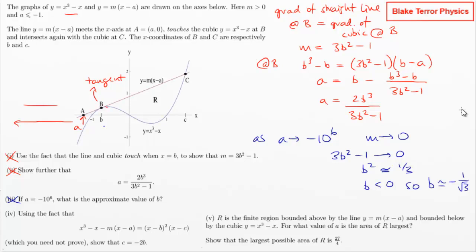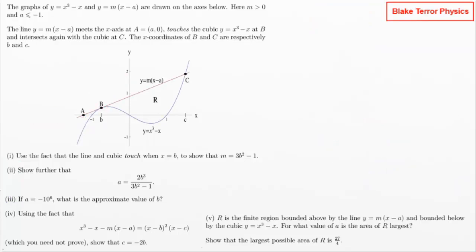Run out of space, let's get a fresh sheet up and say, right, using the fact that x cubed minus x minus mx minus a, which you do not need to prove, show that c equals minus 2b. Well, imagine we just have to multiply everything out, compare coefficients, maybe. So let's expand.